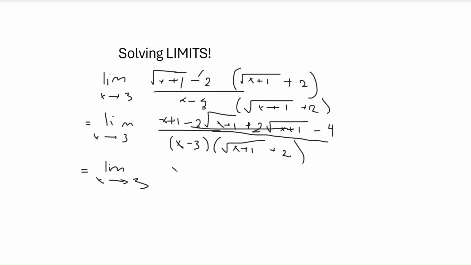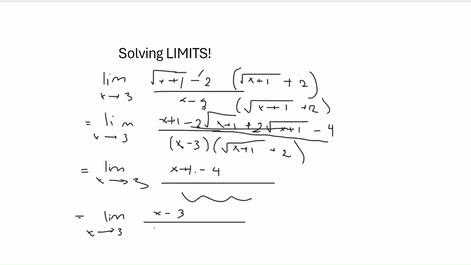Okay, so we have an x plus 1 minus 4 over the stuff on the bottom again. So we're just carrying it over. So what happens is we can, of course, combine: 1 minus 4 gives us x minus 3. And now you can maybe see where we're going with this.